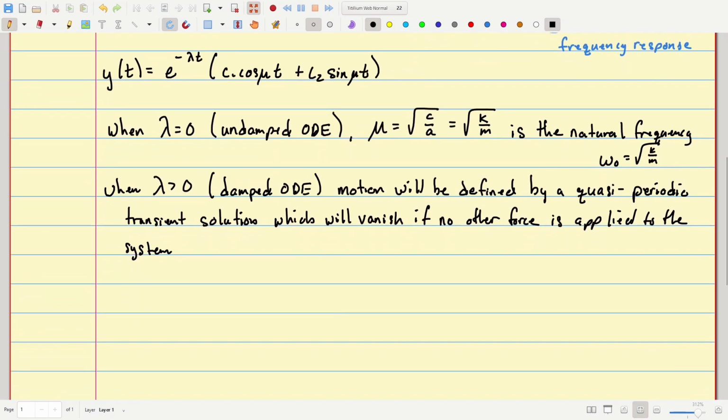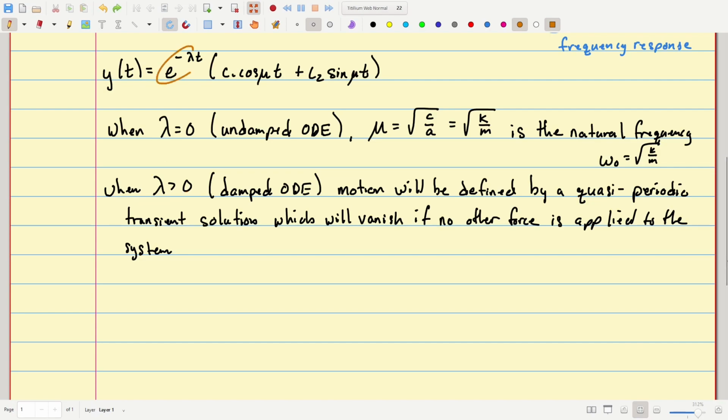So for positive lambda, motion will be defined by a quasi-periodic transient solution. Okay, what that means is that this term here will be present in the equation because of the way that we have defined things.